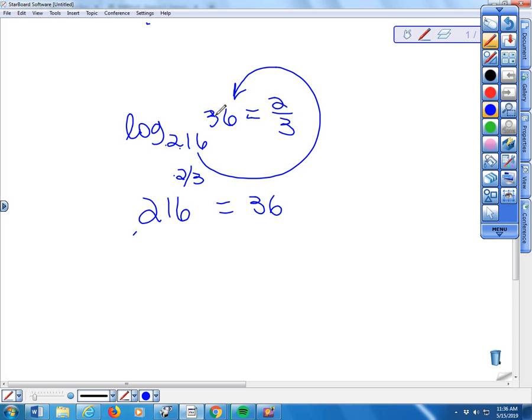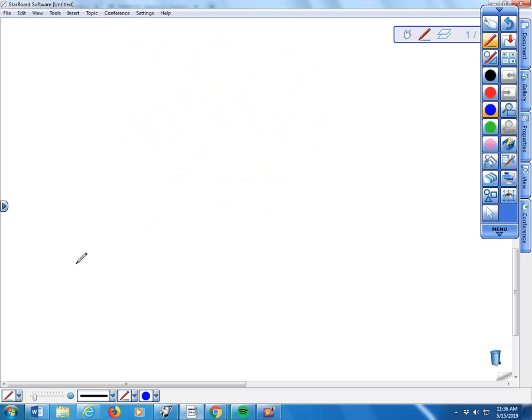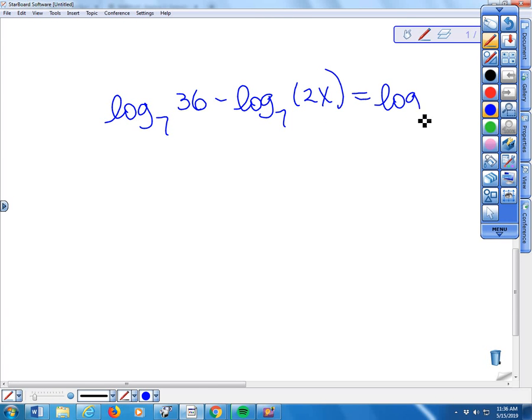All right, next one. Log base 7 of 36 minus log base 7 of 2x equals log base 7 of 4. Well, this is a subtraction, which means it's division.